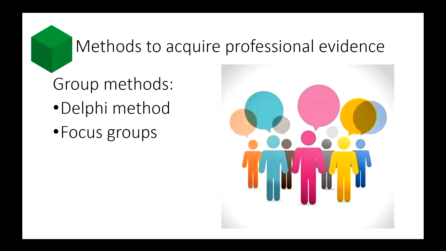They might update their answers, and then the next round you ask for an updated opinion, and you have several rounds of opinion gathering, where at the end you're hoping that there will be some kind of convergence across the opinions of the professional experts. So it could go on, or you could set a limit to how many rounds you're going to have.